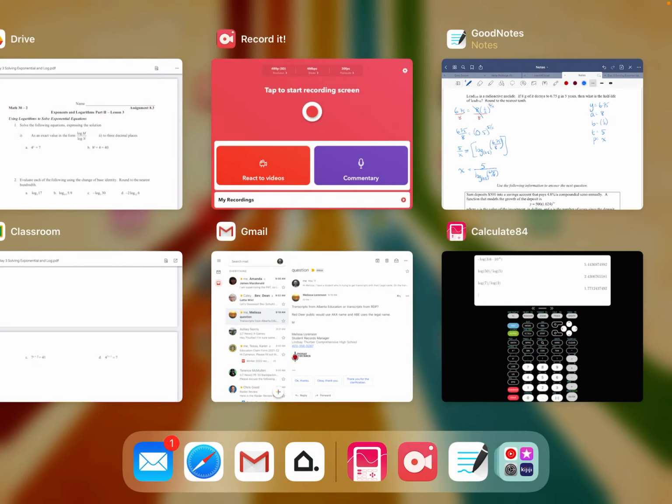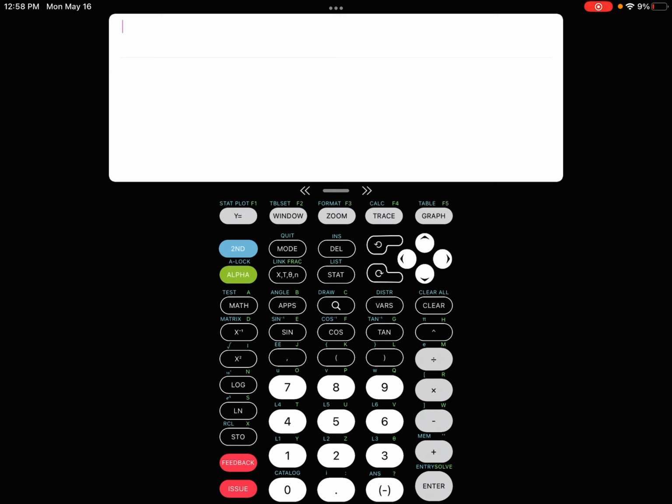So what that looks like on a calculator is going to be log 6.75 divided by 8, close your brackets, divided by log 0.5. That's what that whole shebang equals. And then we got to go 5 divided by that answer.